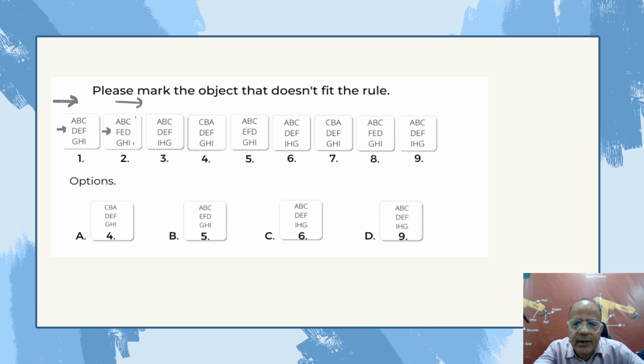What they generally do is focus on the first two, make a pattern of their own, and start answering the question. But that's not the case. Please make them realize that the pattern has to be followed for all the figures over here.